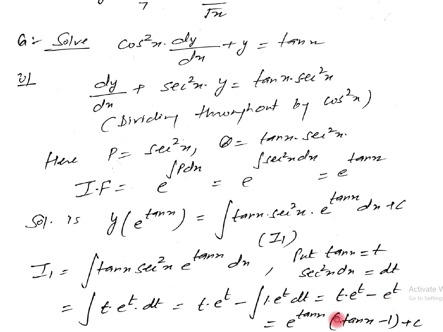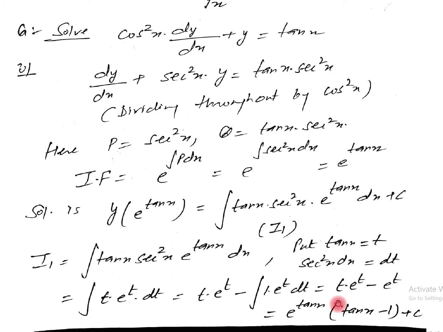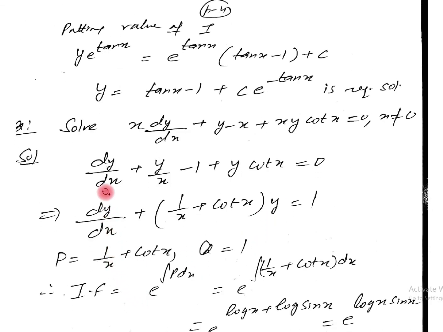Taking e raised to power t common, e raised to power 10x into (10x minus 1) plus c. Therefore putting the value of I1 here, the solution is y into integrating factor equal to the value of I1 plus c. Bringing this term on the other side, we get y equal to 10x minus 1 plus c into e raised to power minus 10x, which is the required solution.